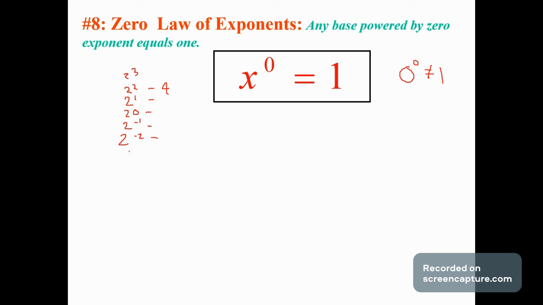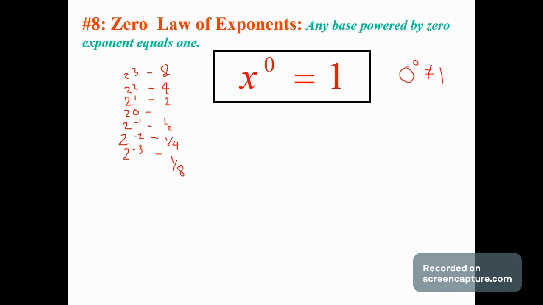Let's extend that. 2 cubed, 2 times 2 times 2, is equal to 8. And 2 to the power of 1 is 2. 2 to the negative 1 is 1 half. 2 to the negative 2 is 1/4. And 2 to the power of negative 3 is 1/8.